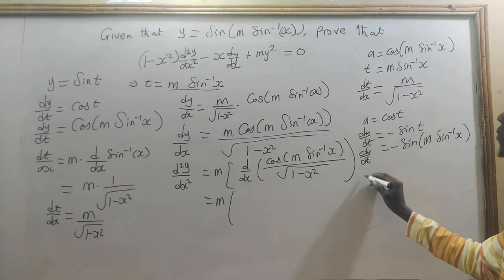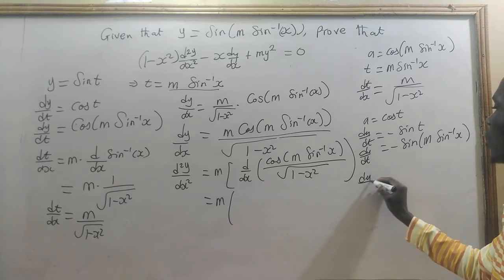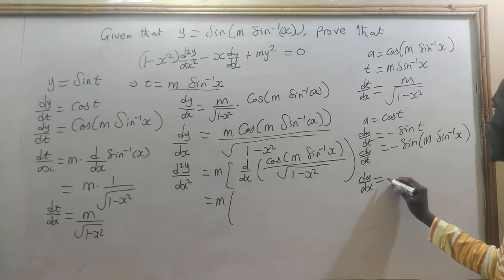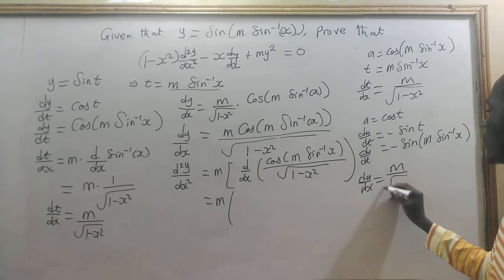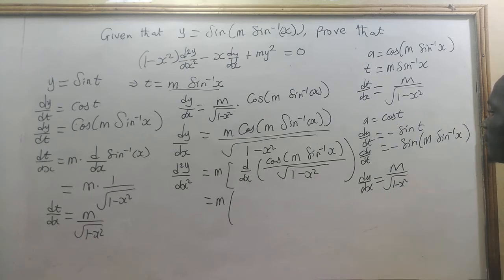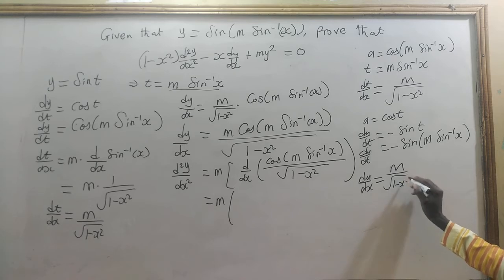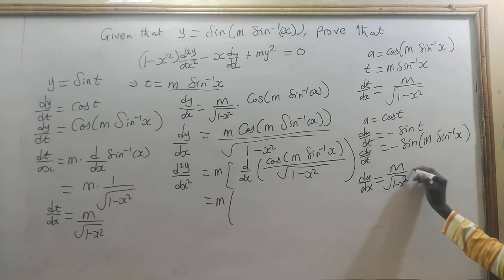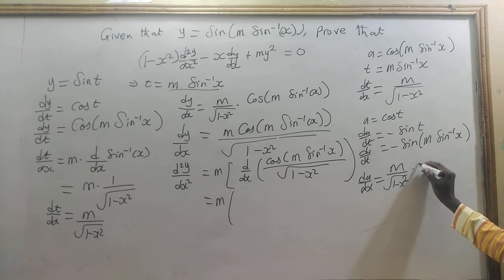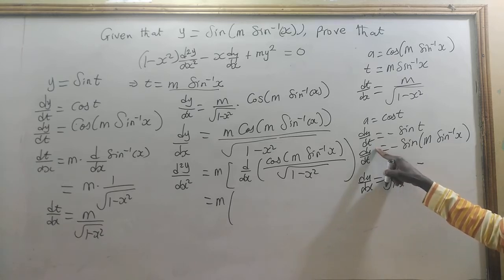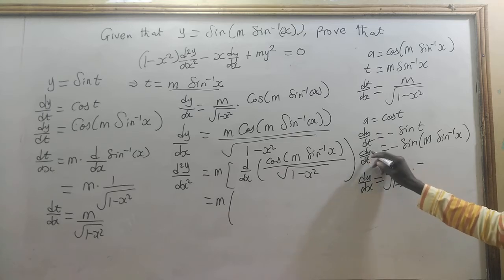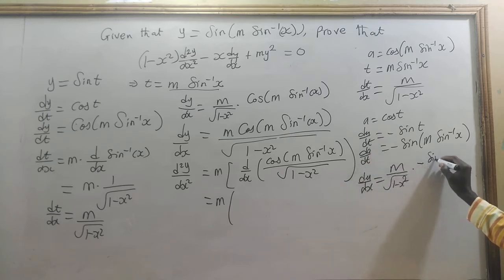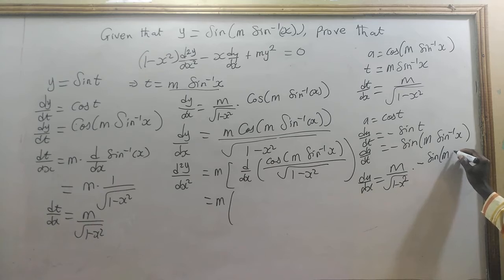Now, dA on dx will be equal to dt on dx, m divided by square root of 1 minus x squared, times dA on dt, that is minus sine of m times the inverse sine of x.